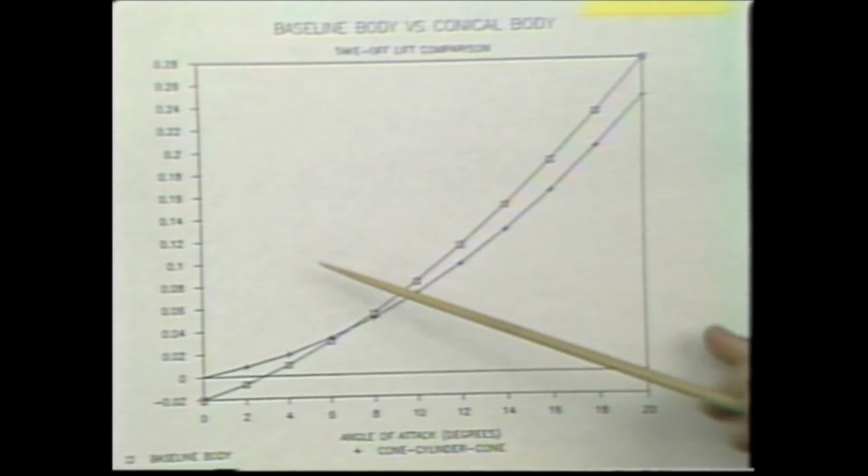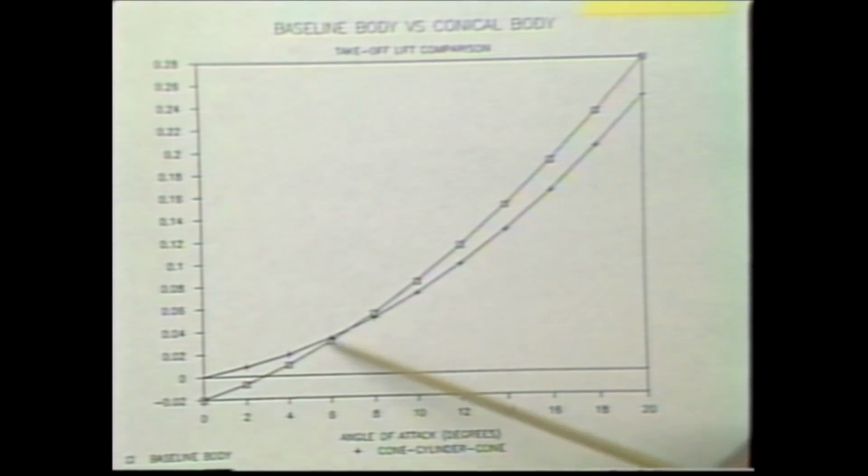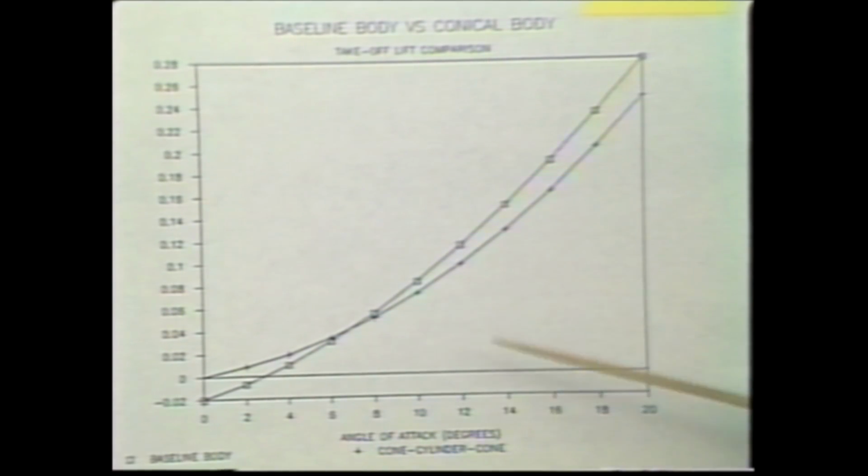As you can see, the cone vehicle is uncambered, but our baseline shape is not. So we initially have a negative lift coefficient at 0 alpha, but as you increase the angle of attack, that strong nonlinear lift crosses over and we have higher lift coefficients than the cone. Plus, I should point out that the cone has substantially less planform area, so the actual lift would be less as well.